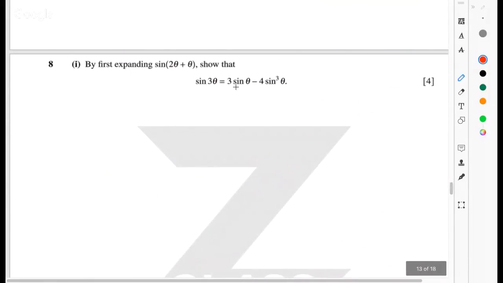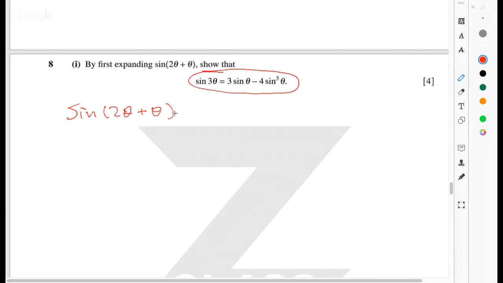Question 8. By first expanding sine 2 theta plus theta, show this formula. And this again is just algebra. I would really recommend memorizing this formula by heart.